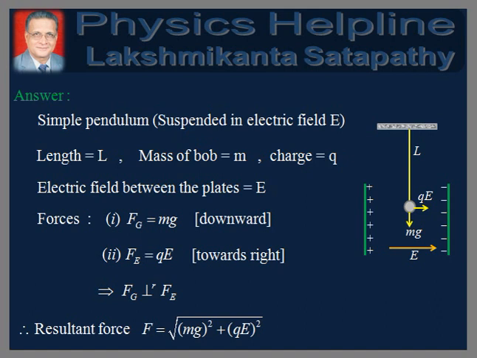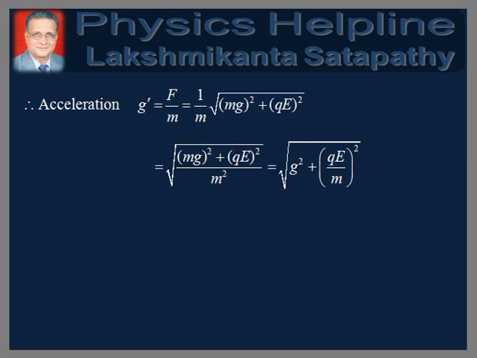Therefore, the resultant force is given by F = √((mg)² + (qE)²). Therefore, acceleration is given by g' = F/m. Putting the value of F and simplifying, we get g' = √(g² + (qE/m)²).